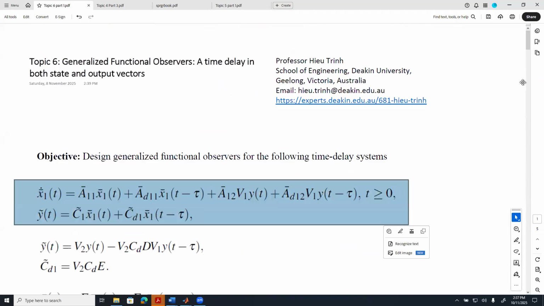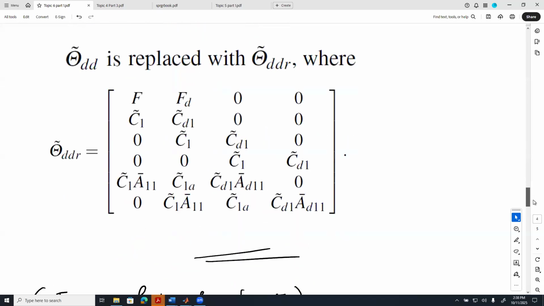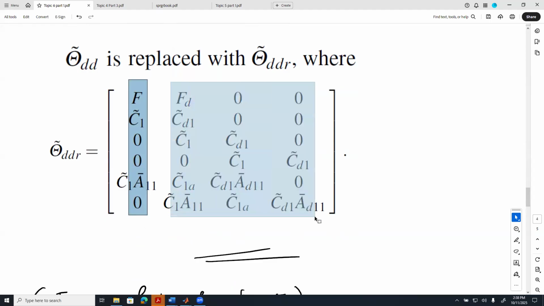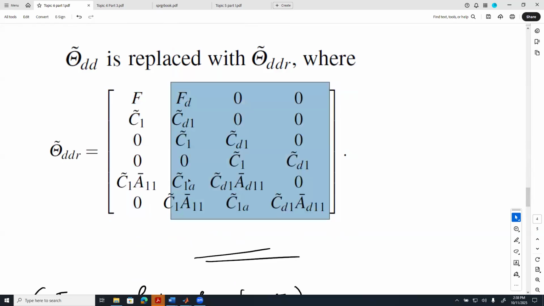If we examine this matrix here, we can see that we have this delay matrix FD, the delay output matrix C tilde D1 in there as well. The fact that we have an extra equation means that there are more columns now in this matrix.